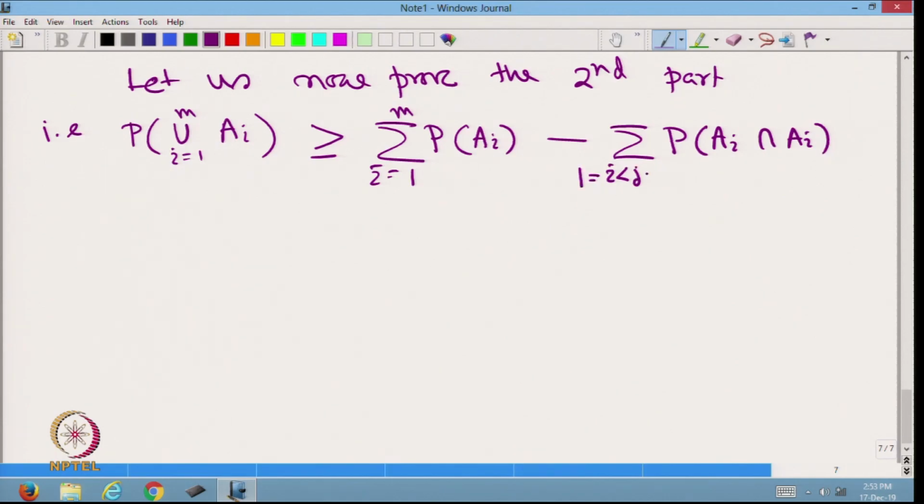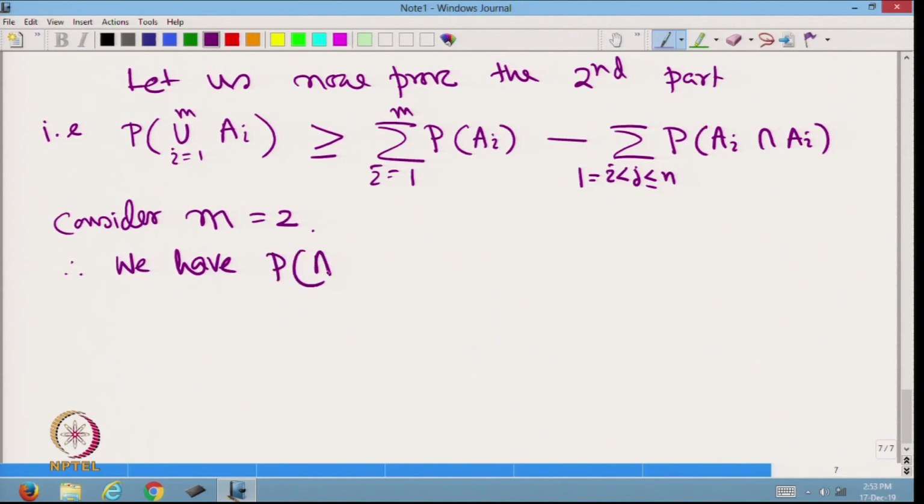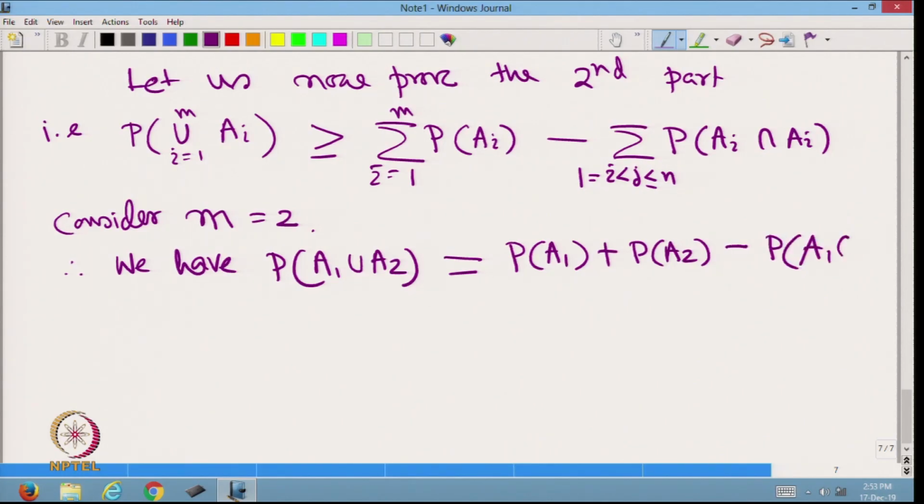Let us write it like this. Consider m equal to 2. Therefore, we have probability of A1 union A2, which we know is equal to probability of A1 plus probability of A2 minus probability of A1 intersection A2.